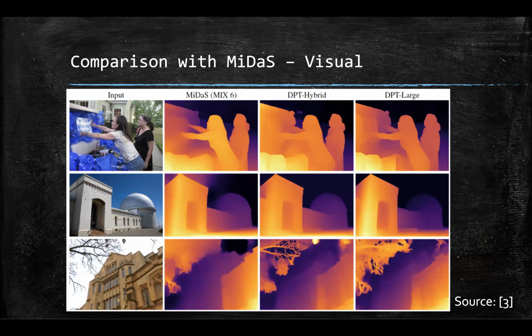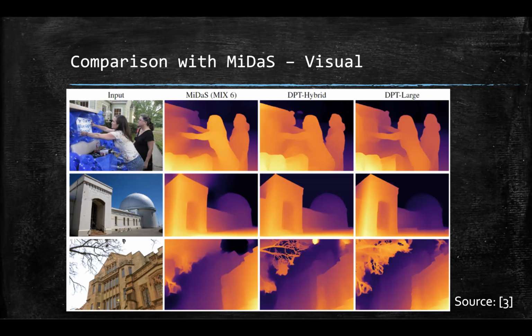And you can see that those two models give better, at least sharper, depth estimation. So here you have some blurry boundaries, and here they are more distinct. Here they are even more distinct. Okay, here you can see that Midas gets confused by a tree. This one is not that confused with a tree, and things like that.